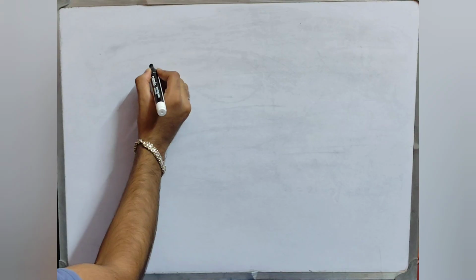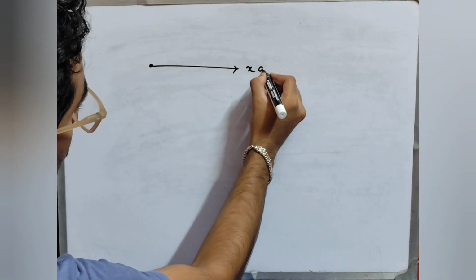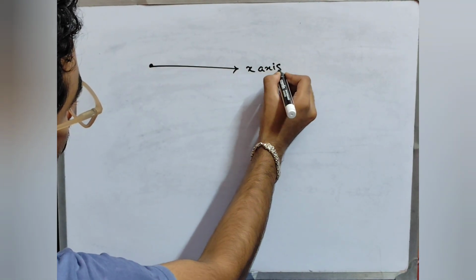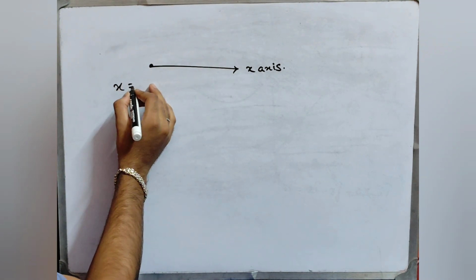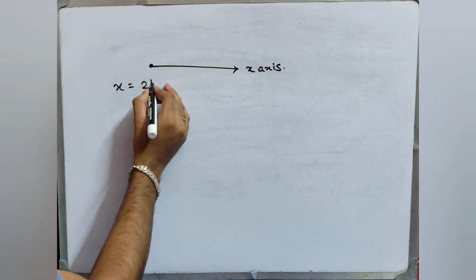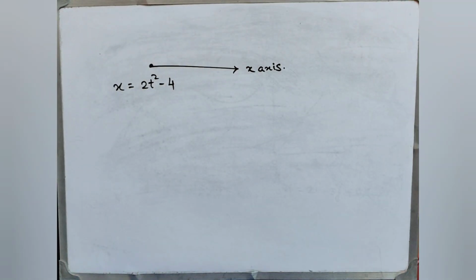The third numerical is, a particle is moving along the x-axis. Its x coordinate varies with time as x equal to 2t square minus 4, where x is in meters and t is in seconds.